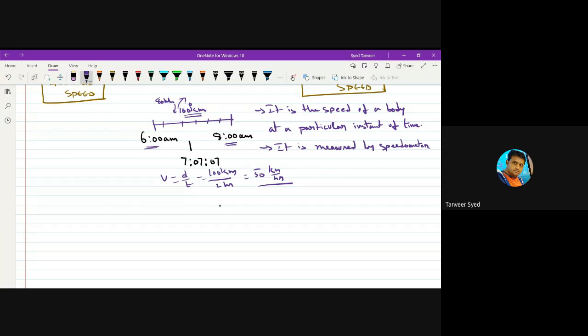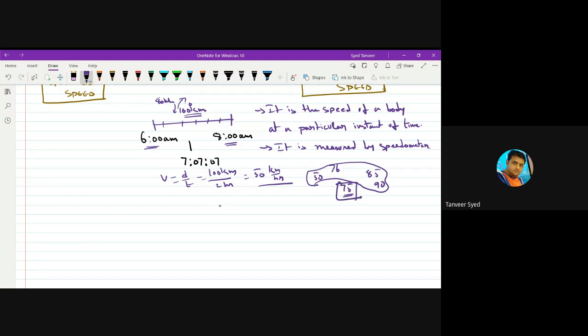If I say that the average mark of a student is 75, then it is not that in every subject he or she has scored 75 marks. In some subjects it might be 85, in some subjects it might be 50, in some 90, in some 76. The average of all these values is this 75 mark.